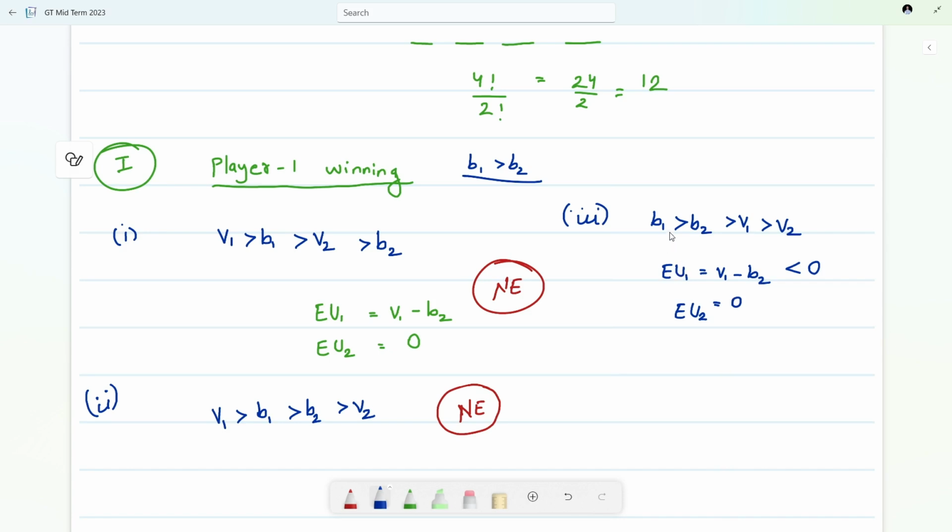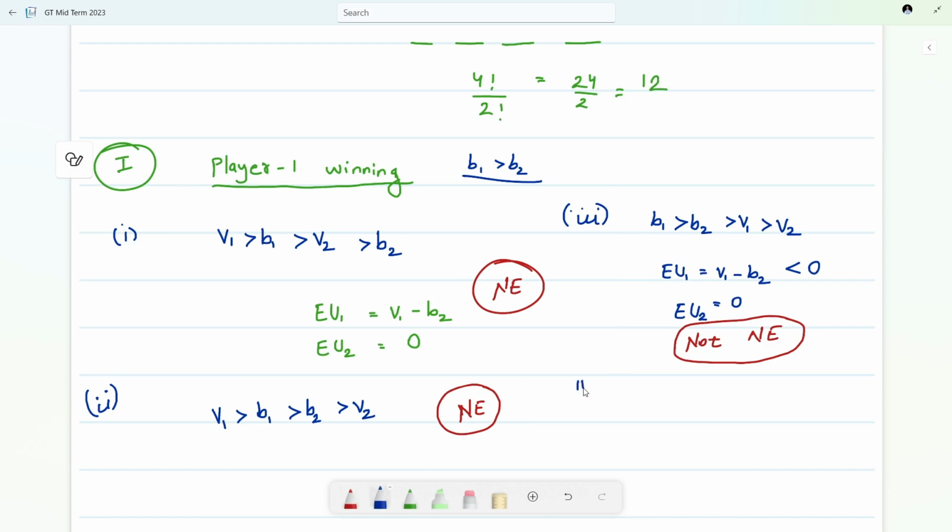But player 1 can improve its utility from negative to 0 by simply underbidding player 2. Hence, there is a profitable deviation. Hence, not a Nash equilibrium. Nash equilibrium is what? There should be no profitable deviation for any player from that strategy, right?